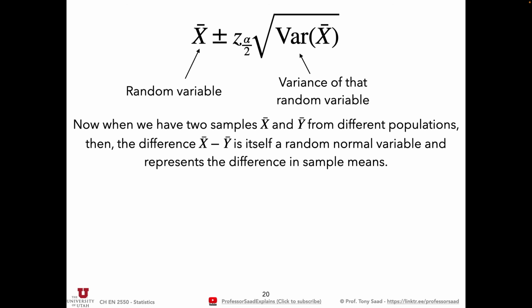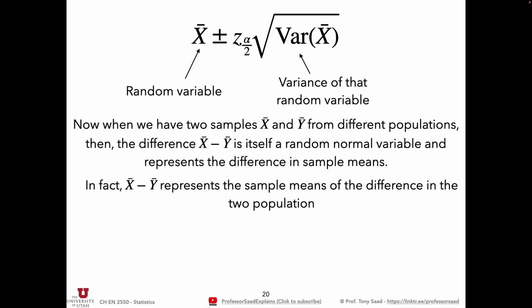It's the difference between the sampling distributions of sample means. I cannot compute my interval first and then do the subtraction. I have to define a new random variable, x bar minus y bar, because that random variable represents the differences between the populations.